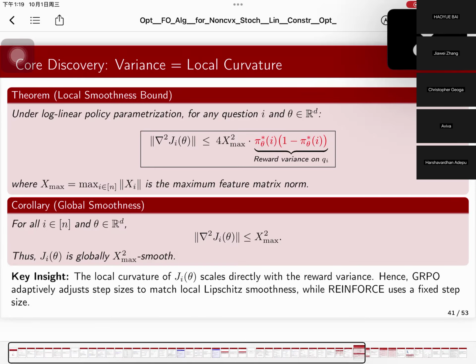Remember that the spectral norm of the Hessian matrix is just the Lipschitz smoothness constant, or the local curvature. So this means the Lipschitz smoothness constant is proportional to the variance of the reward. Okay, remember that.